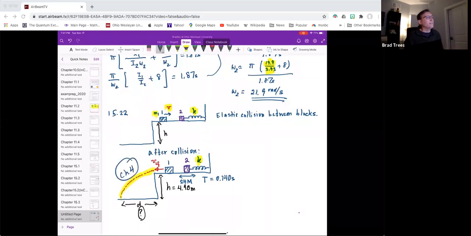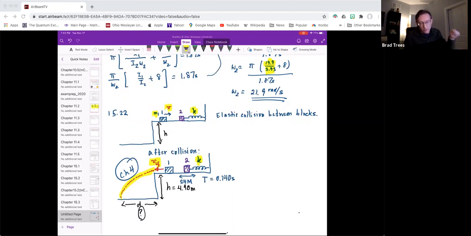We can solve that as long as we know that v right there, what I'm calling v1 final. Because as far as the projectile motion is concerned, that's the initial v. I'm calling it the final v because it's after the collision with the second block.